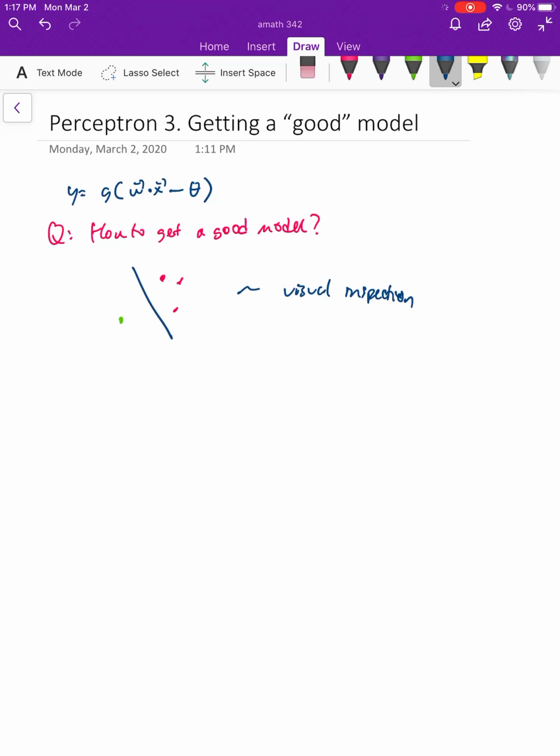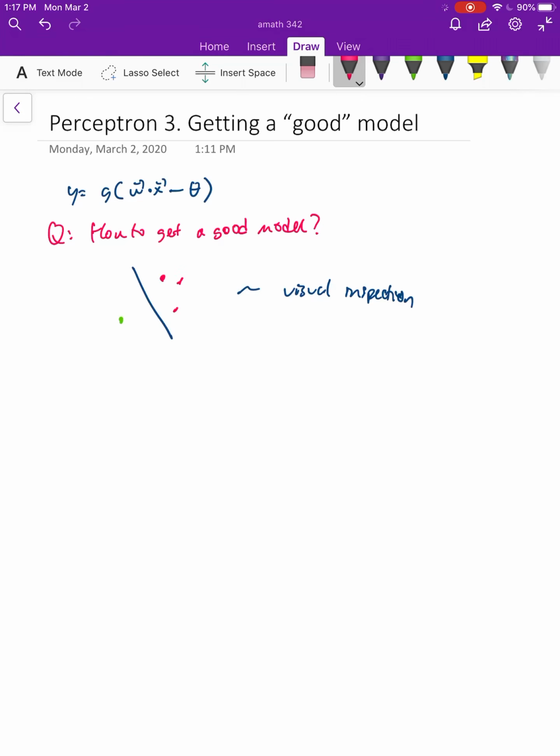So the first thing that we need to do to automatically figure out a good model is come up with some kind of measure.